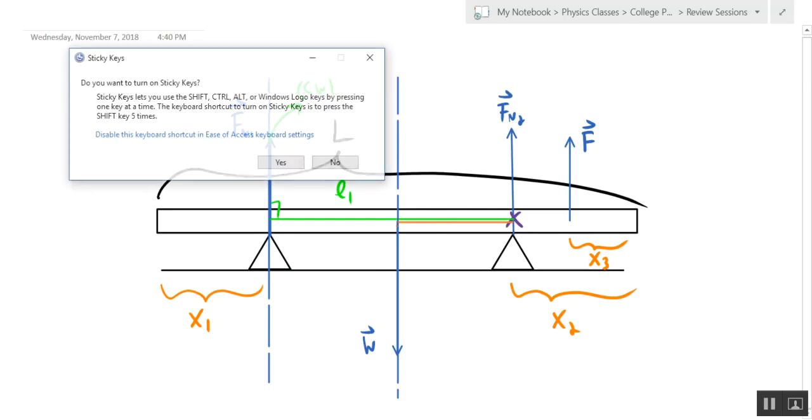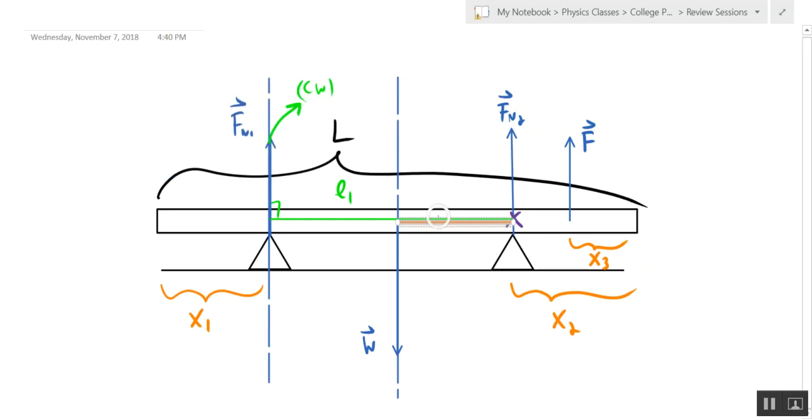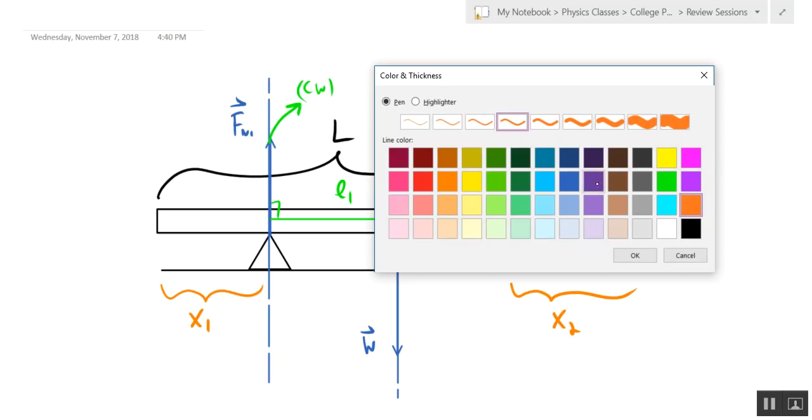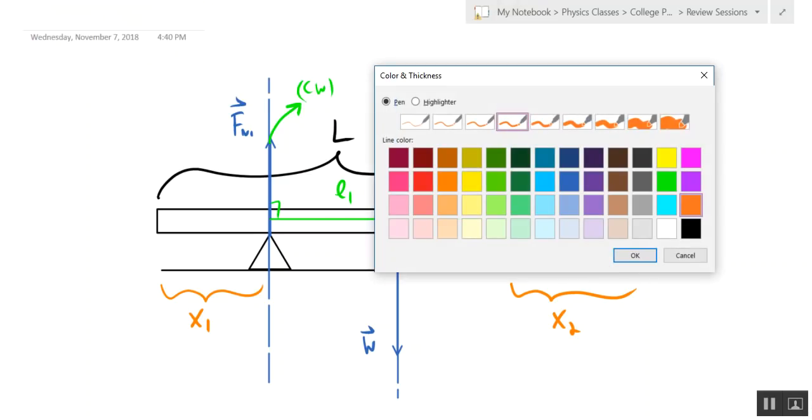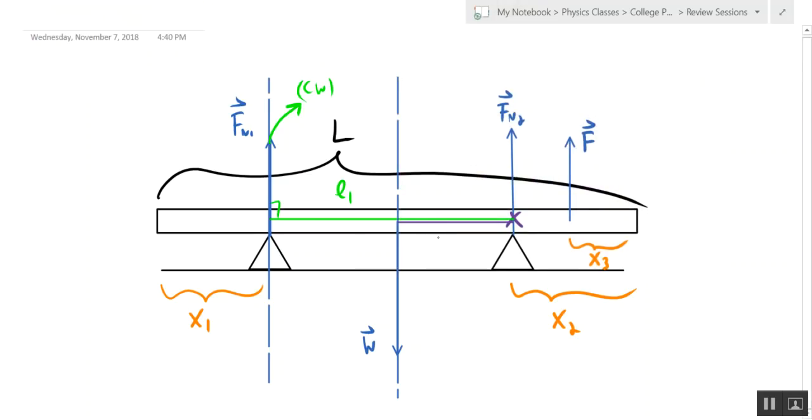Did I just change it to purple? Yep, purple. So this would be in purple, LW for the weight, right? How would you figure the length of that, LW?